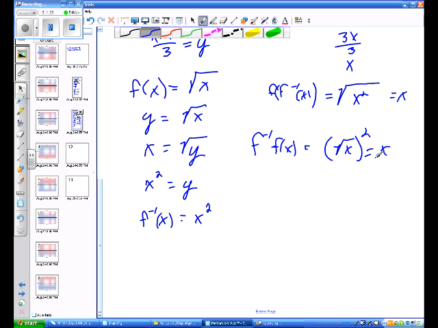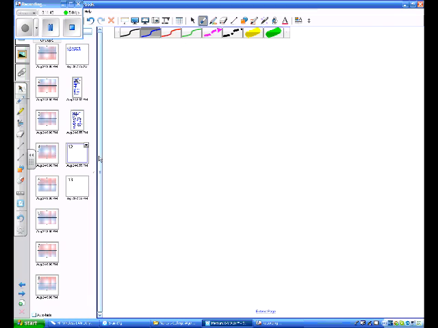So these are inverses of each other. You switch the x and y, and then you solve for y.